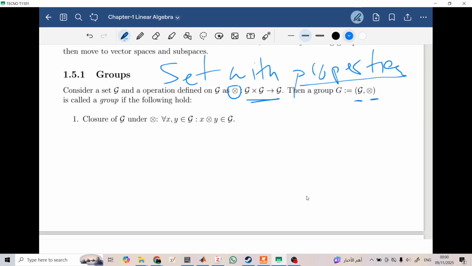several conditions must hold or be satisfied. The first one is the operation must be closed under G, meaning that this condition must be satisfied.